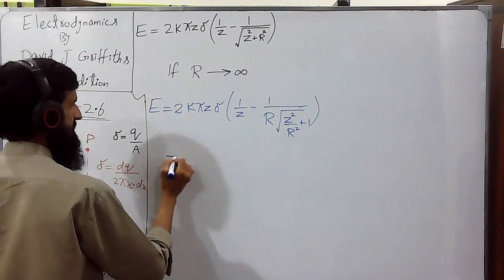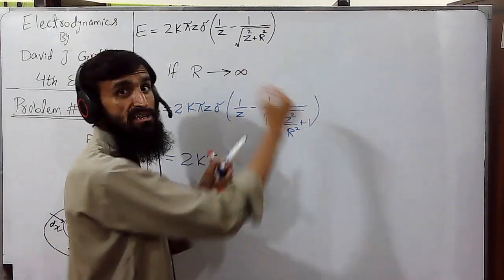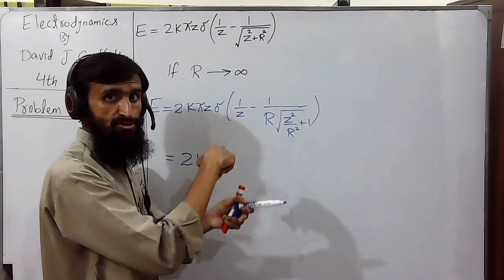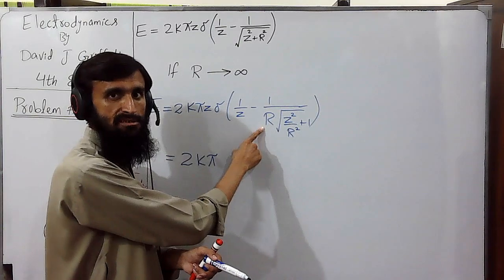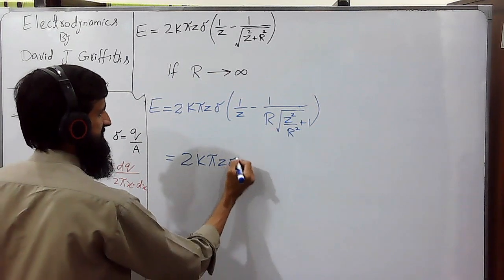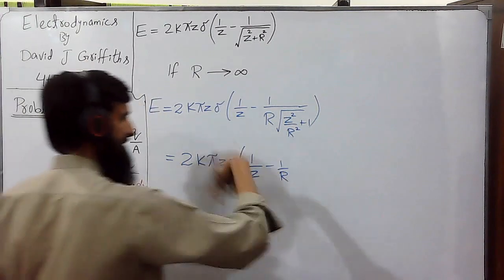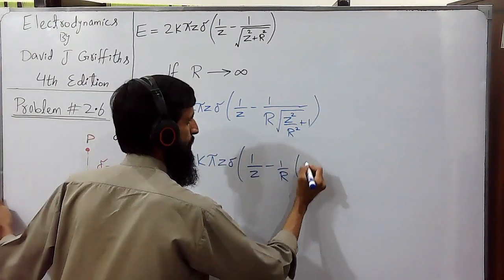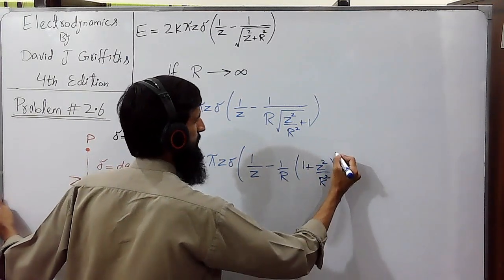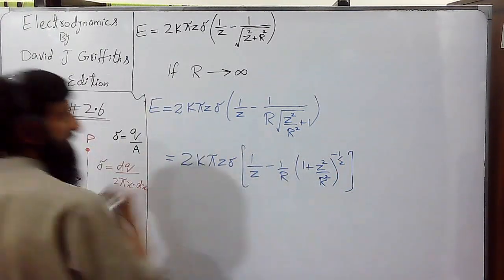Now in the next step it becomes 2k pi z sigma, because we took r square common here and brought it outside the square root, so outside it becomes r with power 1. So 1 by z minus 1 by r, and then (1 plus z square by r square) whole power minus 1 by 2.